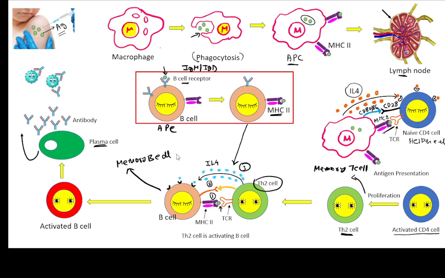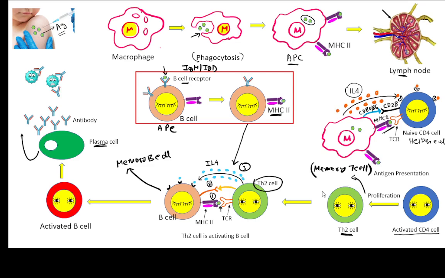So what is the function of the memory T cell and memory B cell? They work just like a memory. The memory T cell or B cell will come into action very quickly and identify the antigen very quickly. So less time is taken by the immune system to generate antibody.